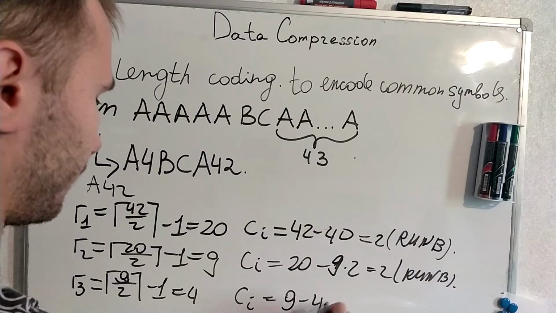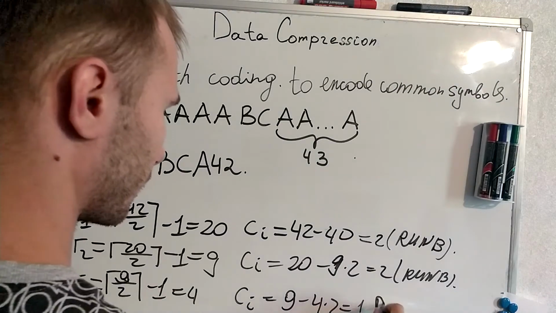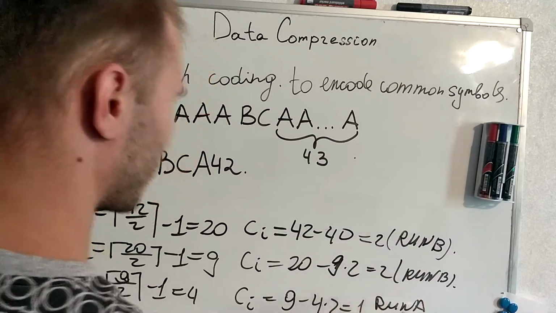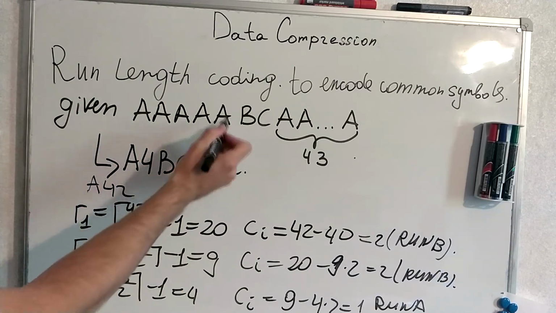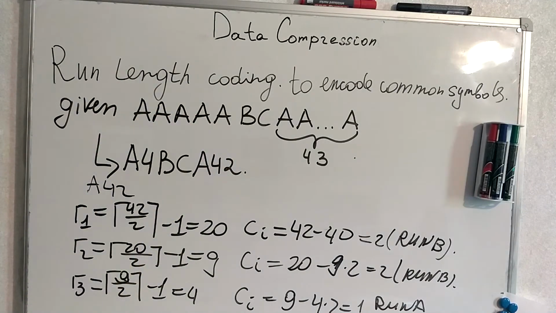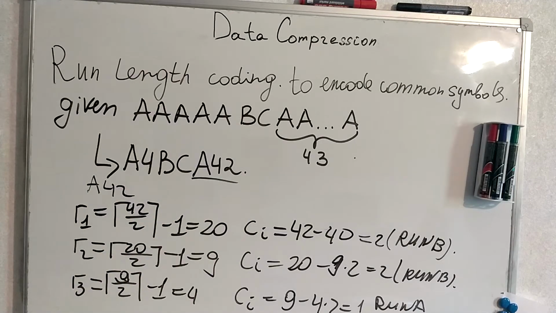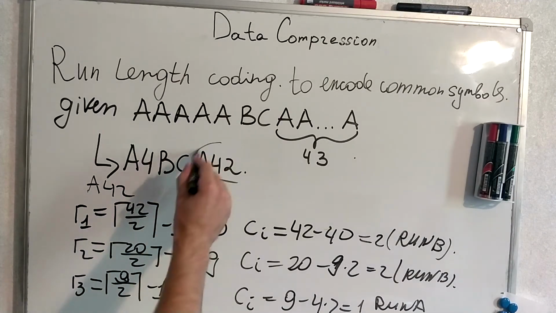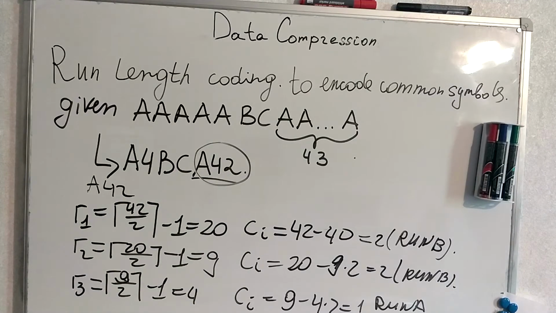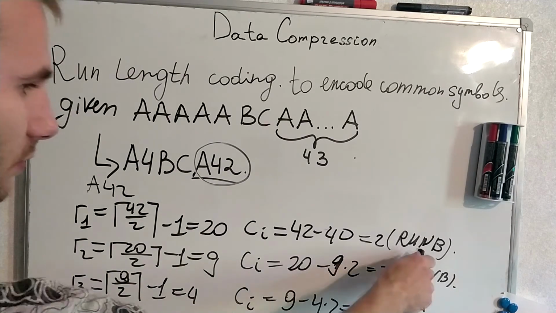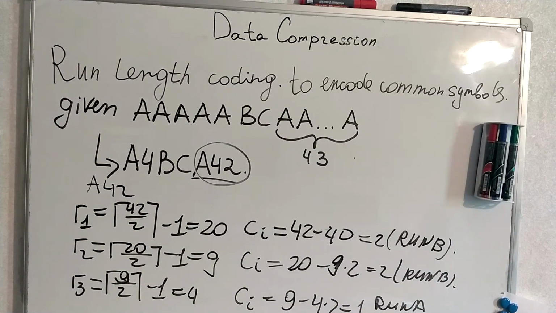Minus. We can also encode that, but for the example I've just chosen this place that we encode. This particular place that we encoded will be this sequence, run B, and run A, and that's it.